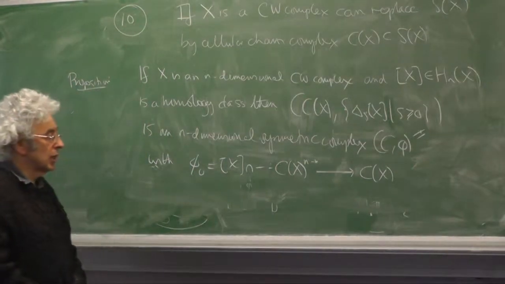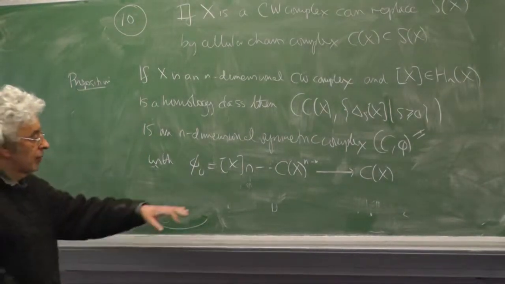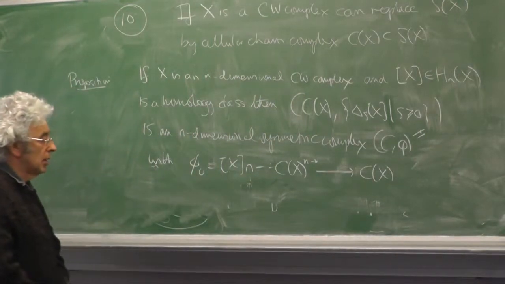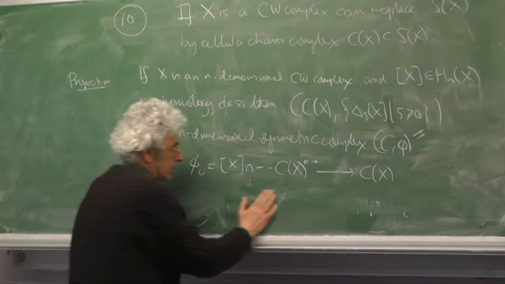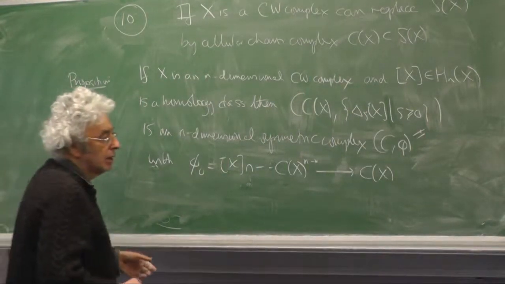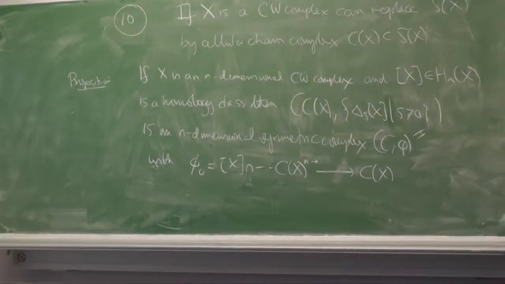So every time you have a homology class, you get a chain map from the cochain complex to the chain complex with the dimension shift. So that's very nice. And so that's kind of basic, lots of them, in other words.